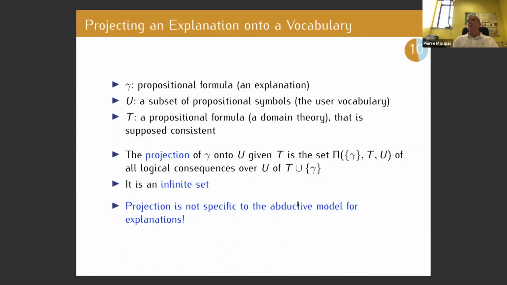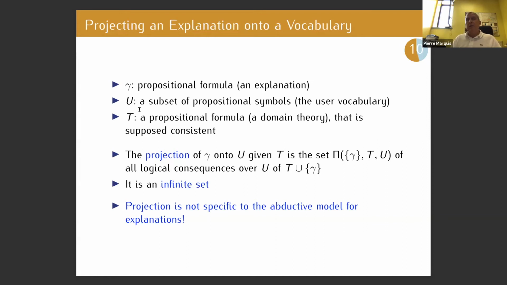Now the problem is that, of course, Marfan syndrome is totally useless for Abraham. Abraham does not know what it means. So if we want to go a step further, what we can do here is to consider a notion of projection, projection onto a vocabulary.